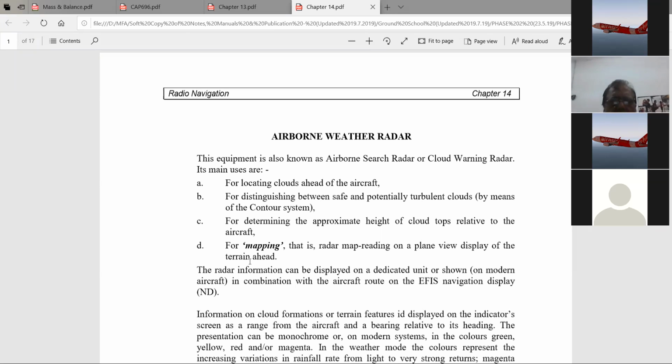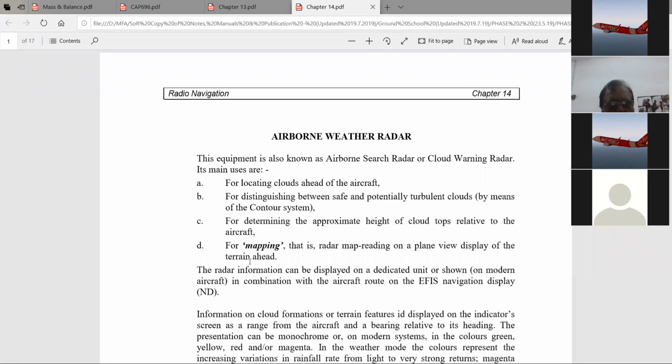Now, as far as the weather is concerned, as I said, all clouds are not dangerous. When we talk about the weather radar used in the cockpit, when you are flying the aircraft, for locating cloud ahead of the aircraft, you can see the cloud picture ahead of you on your screen.